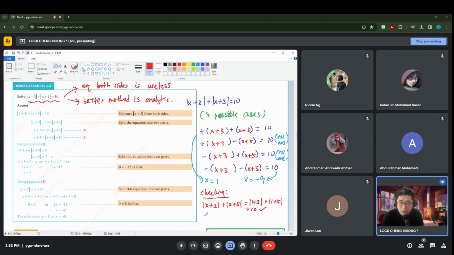Then the second answer: modulus of x plus 3 plus modulus of x plus 5, substitute with negative 9 plus 3 plus negative 9 plus 5. Okay, so I will have 6 plus 4, so also equals 10.